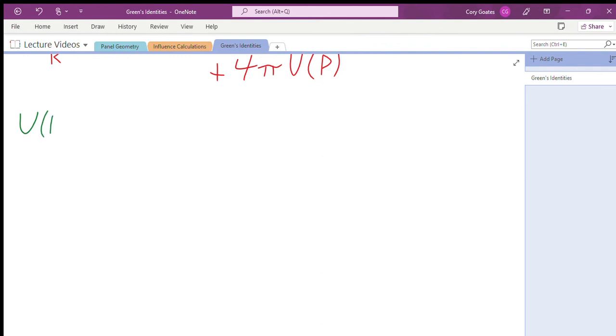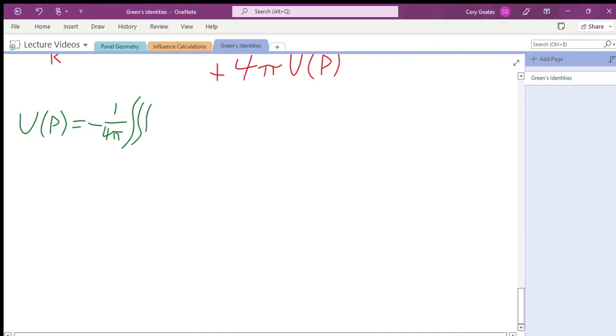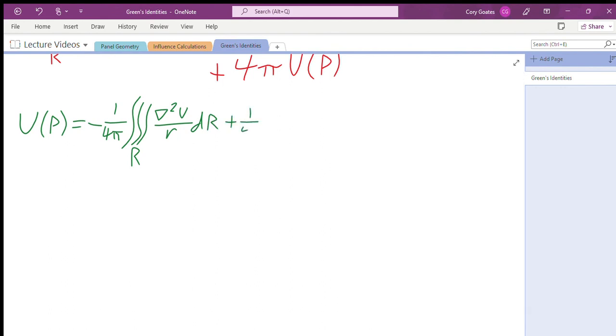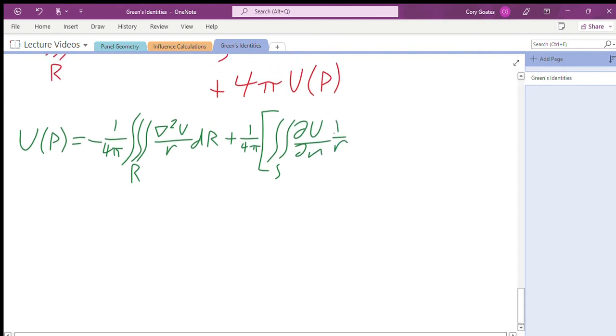So u of P is equal to negative 1 over 4 pi, the triple integral over R of grad squared u over r dR, plus 1 over 4 pi times our surface integral term, the integral over S of partial u partial n of 1 over r minus u partial n of 1 over r dS.